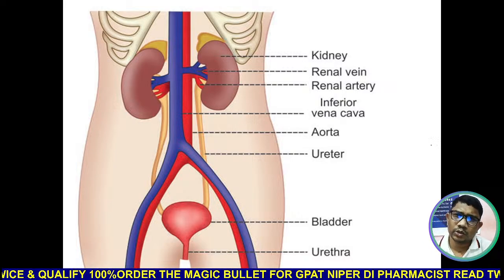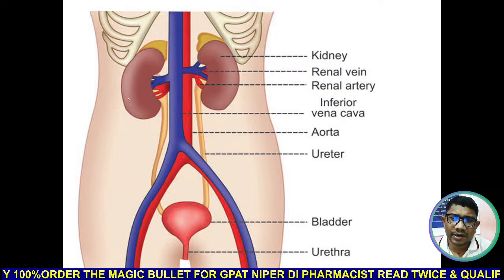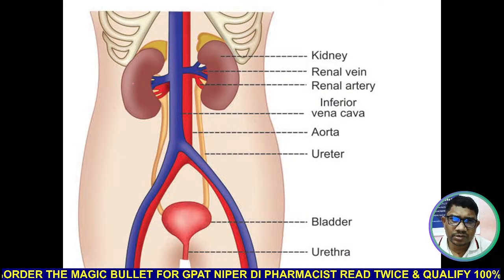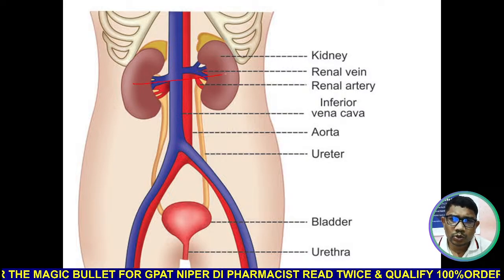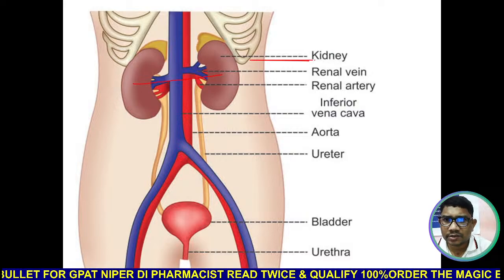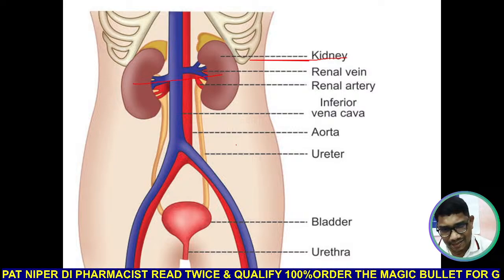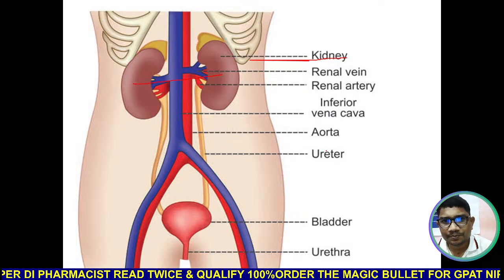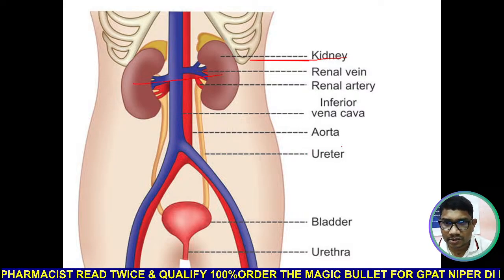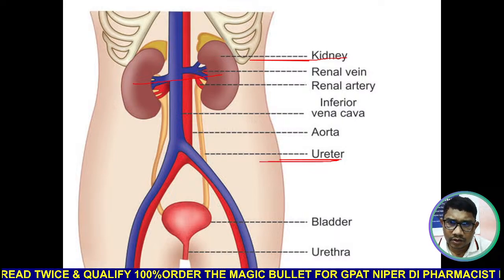In the urinary system, you have a pair of kidneys, 2 kidneys, right? Then, as a part of the urinary system, you have ureters. 2 kidneys, 2 ureters.